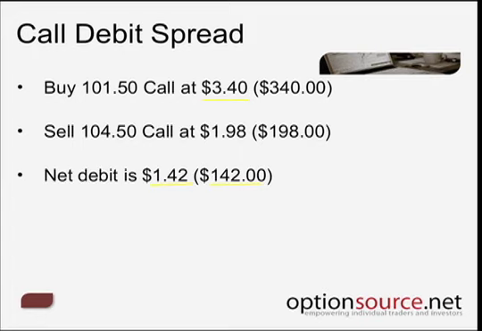As we create this debit spread, notice that the cost to us is in fact reduced down to $1.42 or $142. Now, the maximum risk for this trade is our net debit. So in other words, we've lowered our maximum risk on this transaction to, in fact, less than half by being open to the idea of creating a debit spread.